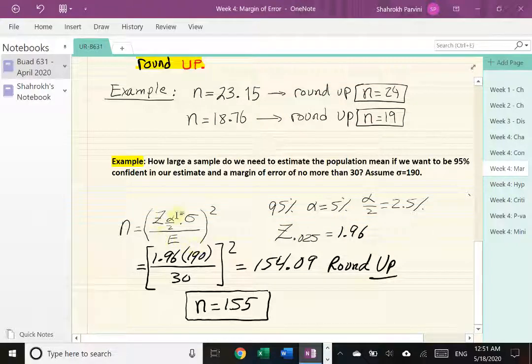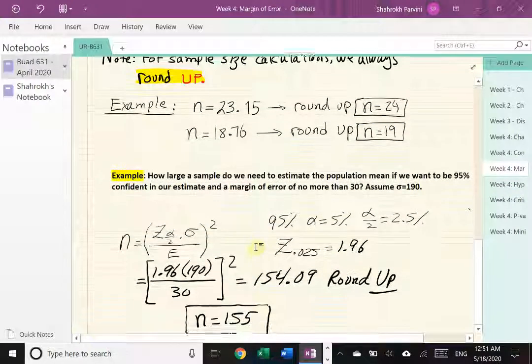I plugged in a z of 1.96 here. Sigma was 190. The margin of error was 30. Use a calculator, square it, and this is what you get. And you always round up. Notice, by the way, 154.09, how close that is to 154. We still round it up. Okay, and there you have it.